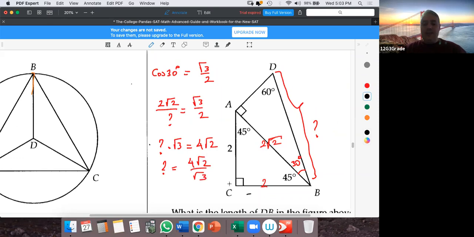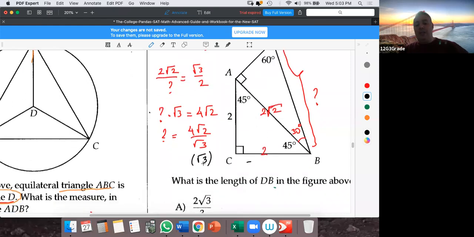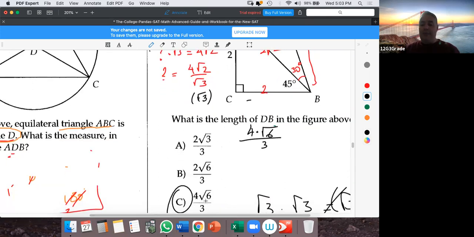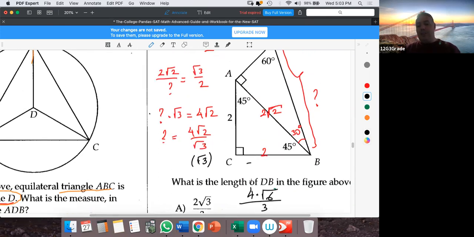Since the denominator has a radical number, we have to eliminate this by multiplying numerator and denominator by root 3. So root 3 times root 2 is root 6, and we have 4. Root 3 times root 3 will be root 9, root 9 will be 3. So the result is 4 root 6 over 3. This is by using trigonometry.